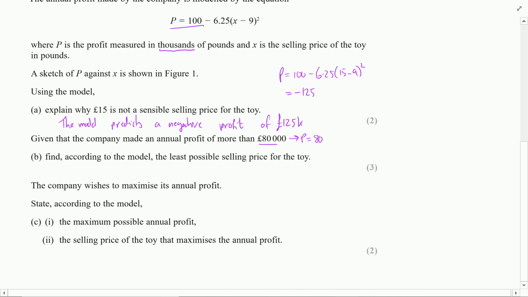So what I'm looking to do in this question is to start off by trying to solve 80 is equal to 100 minus 6.25 lots of x minus 9 all squared. Lots of different ways we could do this.